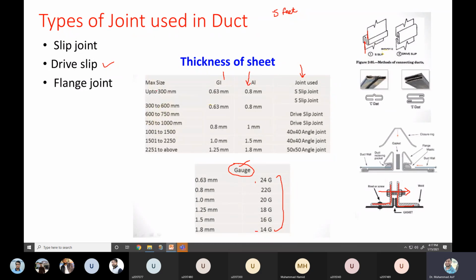For example, up to a maximum size of 300 millimeter, the galvanized sheet of 0.36, which is 24 gauge, will be used. Similarly, for aluminium the thickness should be more compared to the galvanized iron. 0.8 thickness means 22 gauge, right? And similarly, different joints will be used to hold the ducting, to increase the length.